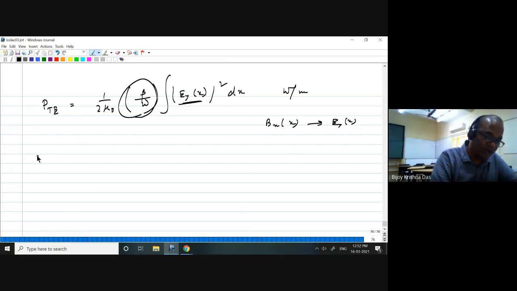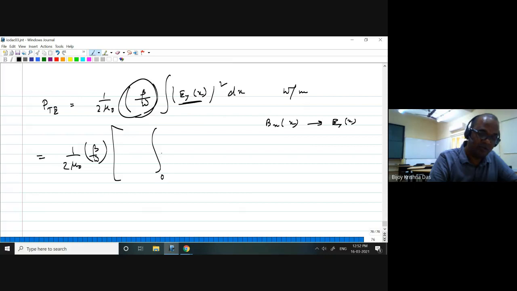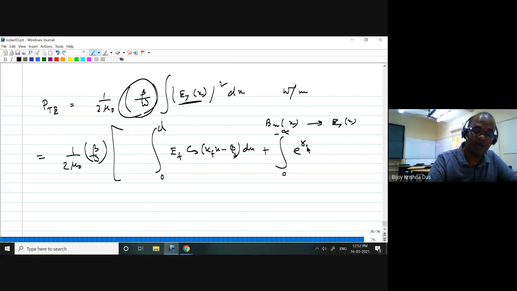For example, I can write 1 by 2 μ0 beta by omega, and then 0 to d of Ef cosine kappa f x minus phi s dx, plus 0 to minus infinity of e to the power gamma s x dx, plus d to plus infinity of e to the power minus gamma c x minus d.